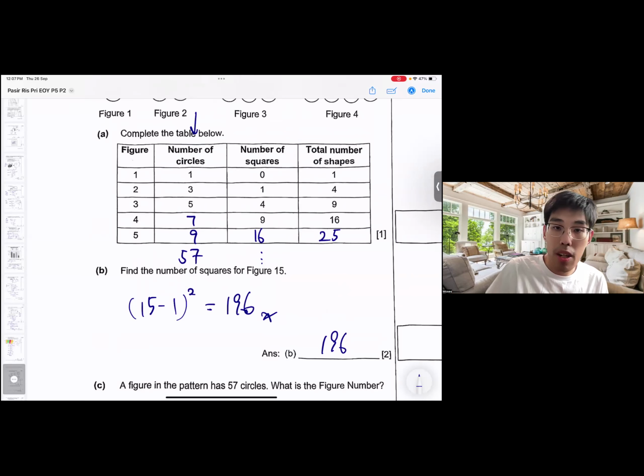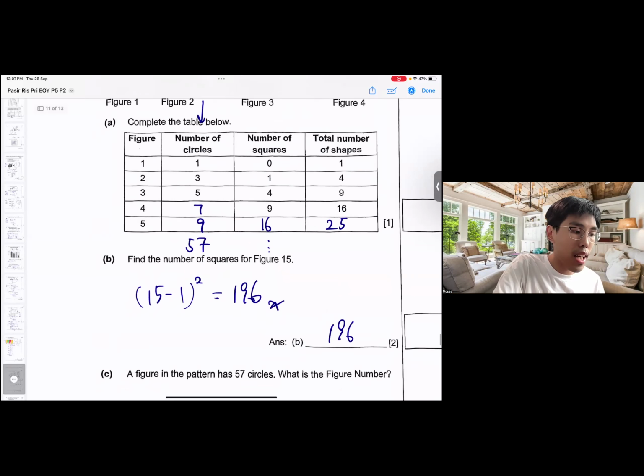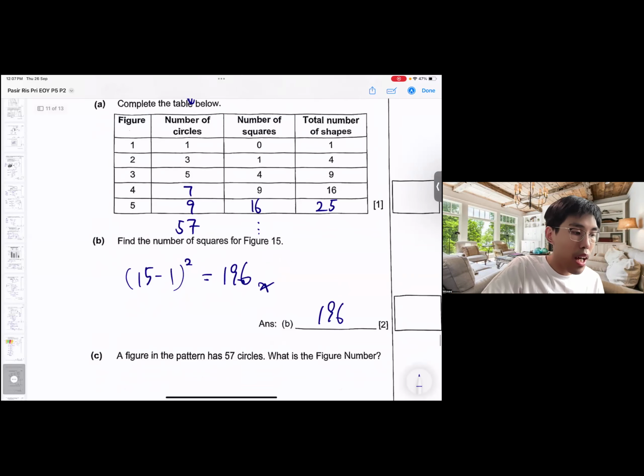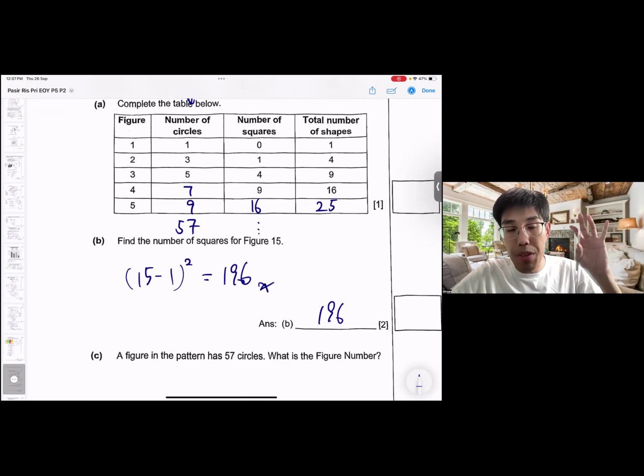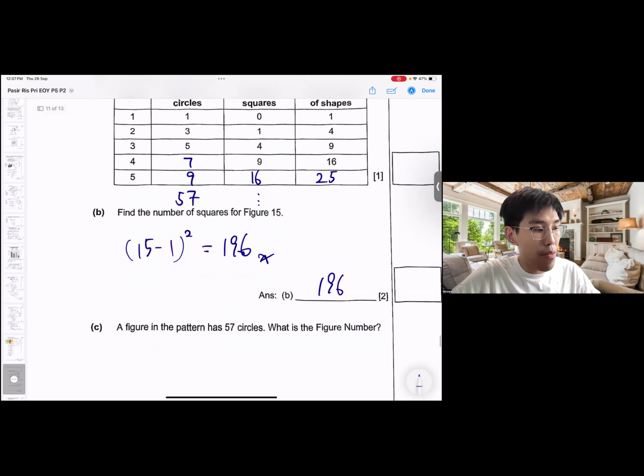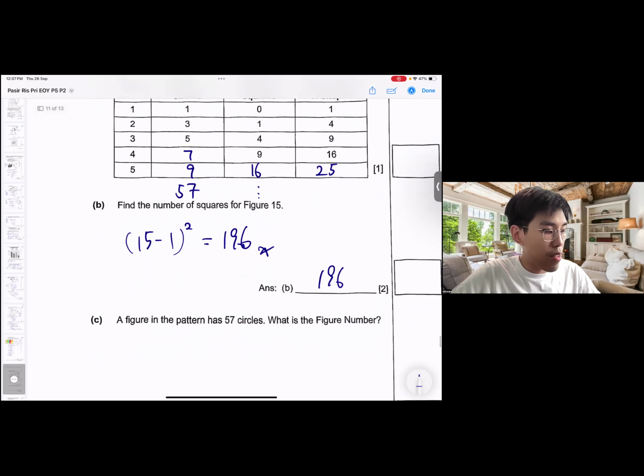Interestingly, you see that they are all odd numbers. So for odd numbers, how do we find the relationship between the figure number and the number of circles? If you look carefully, we take the figure number, times 2, and then minus 1.